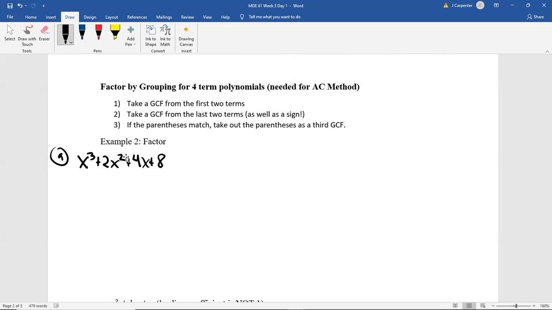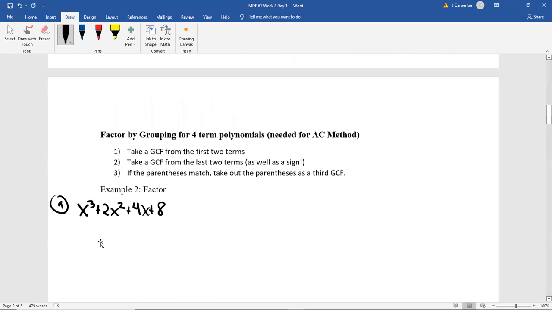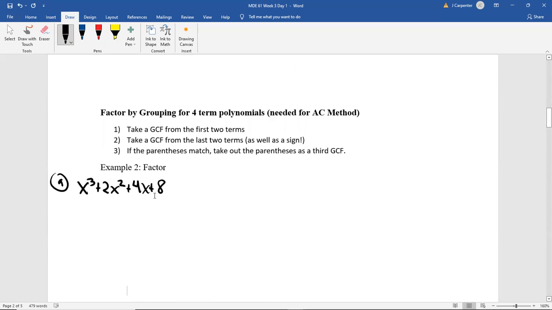Nice little pattern to it. GCF, GCF, GCF. Why? Because there's 1, 2, 3, 4 terms.